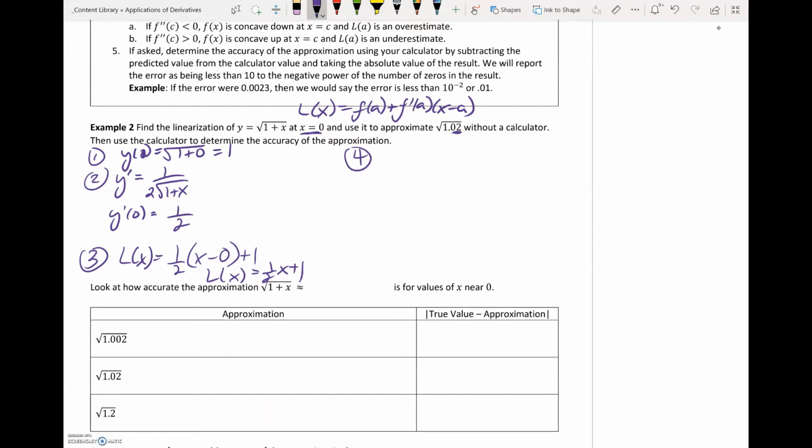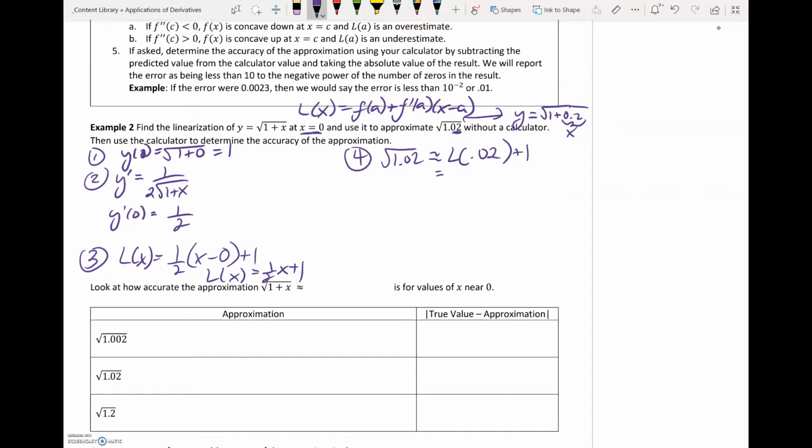Now we can use this to find the approximation of the root of 1.02. So what we're calculating is the root of 1.02 is about L of 0.02, because y already is the root of 1 plus something, and if we want 1.02, we're going to have to add 0.02 to that, so that's why that is our x.